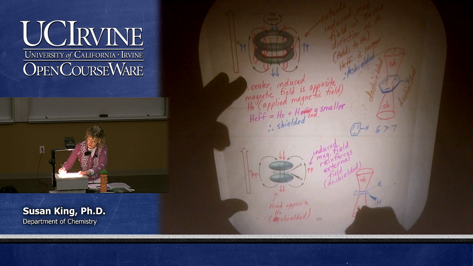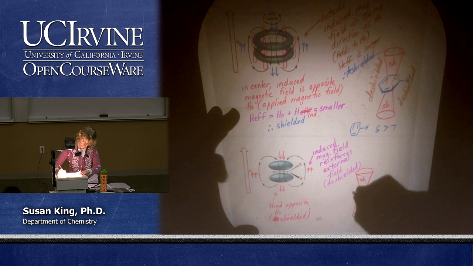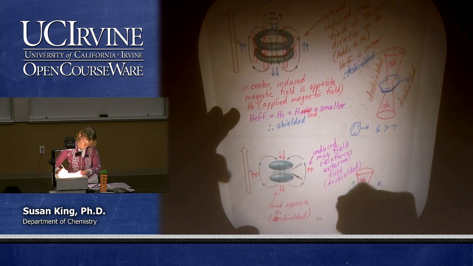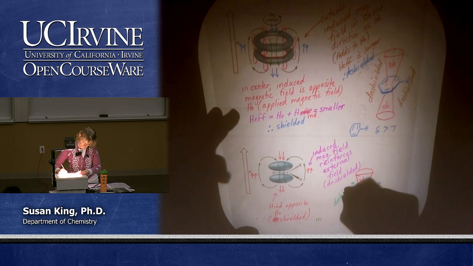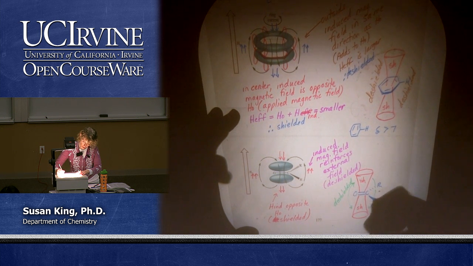So here's the shielding cone, and then outside this area is all de-shielded. All these green areas, de-shielded.